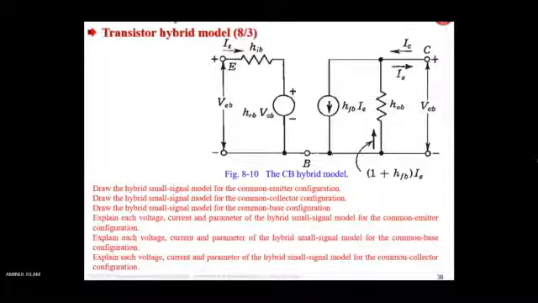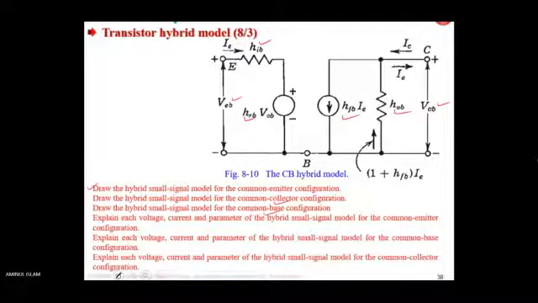So normally we ask these questions: draw the hybrid small signal model for the common emitter, common collector, and common base configuration. Explain the voltage, current, and parameters of the hybrid small signal model. Parameter means H parameter. All these parameters you have to explain, in addition to the different voltages, like here the voltage between the collector and base terminal, and here the voltage between emitter and base terminal.